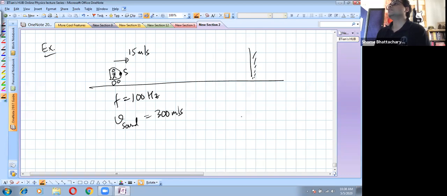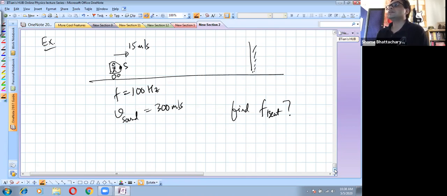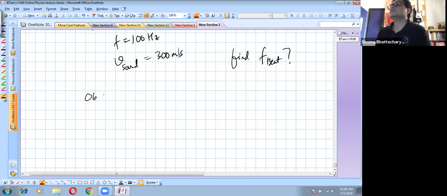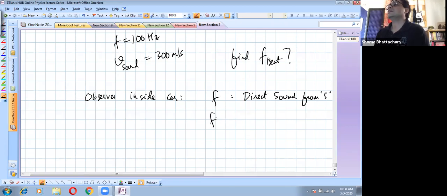So we have to find the beat frequency heard by the observer who's inside the car, or who's traveling along with the source. So what is happening is that the observer inside the car hears F, which is the direct sound from the source, and he hears, let's say, F prime, which is the frequency of the echo or the reflection from the wall.